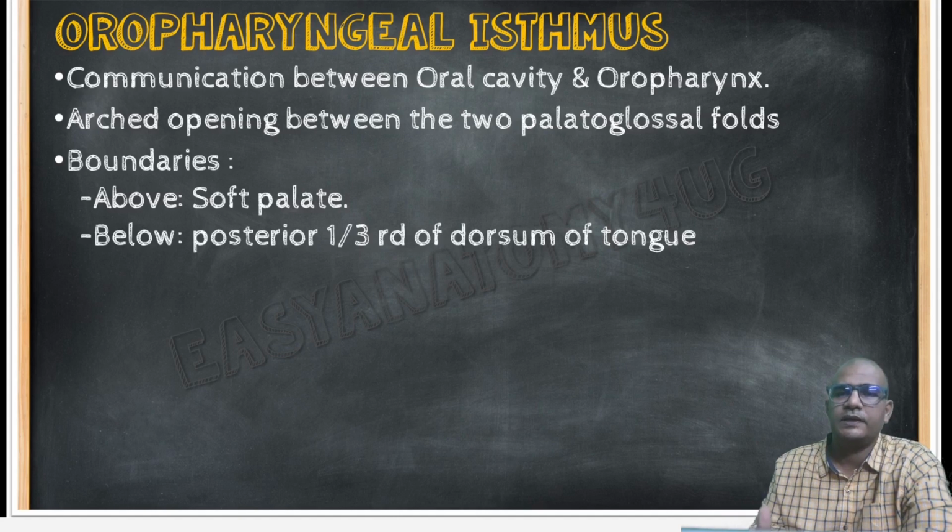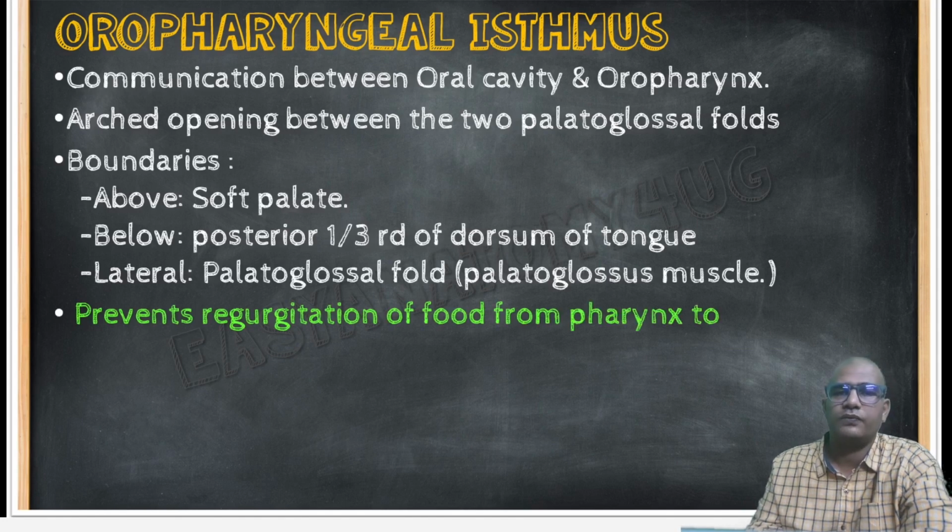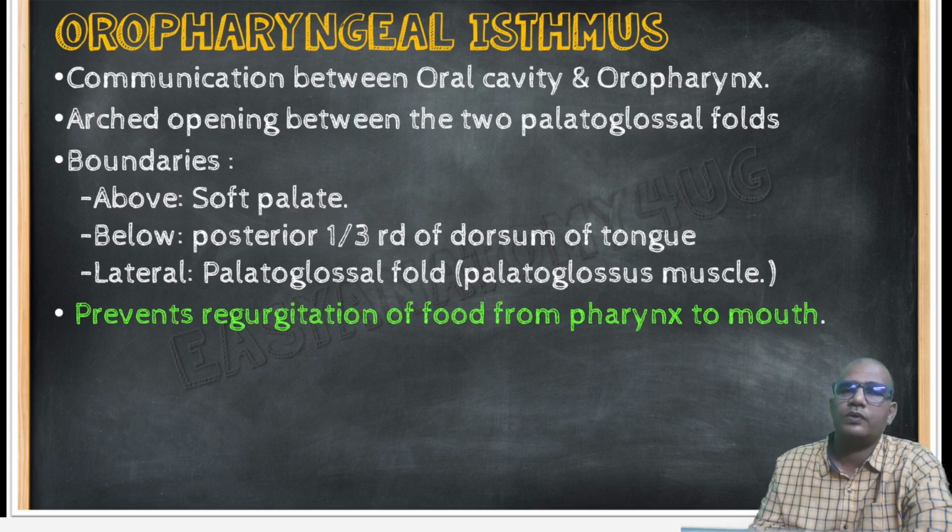So this is nothing but revision of the features of the oropharynx. Laterally there is palatoglossal fold which is raised by the palatoglossus muscle. And what is the role of the oropharyngeal isthmus? It prevents regurgitation of food from pharynx, that is oropharynx, into the oral cavity, from pharynx to the mouth.